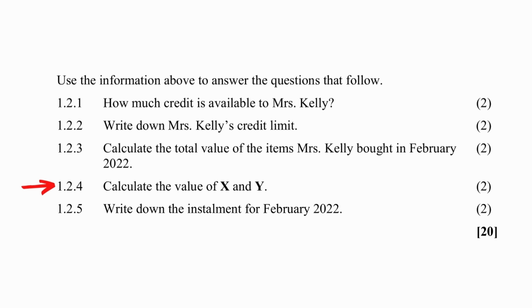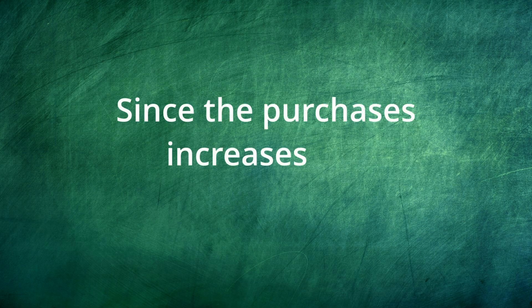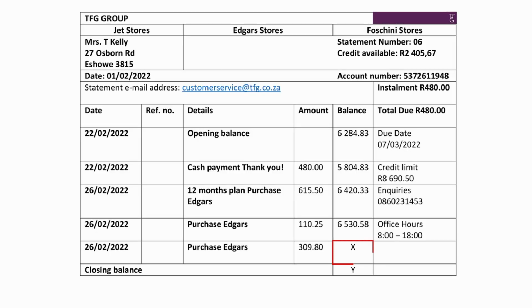In question 1.2.4, you are instructed to calculate the values of X and Y. X is the balance after the last purchase on the 26th of February. Since the purchases increase the balance amount, the balance labeled as X is calculated by adding the value of the purchase to the balance before the last purchase.